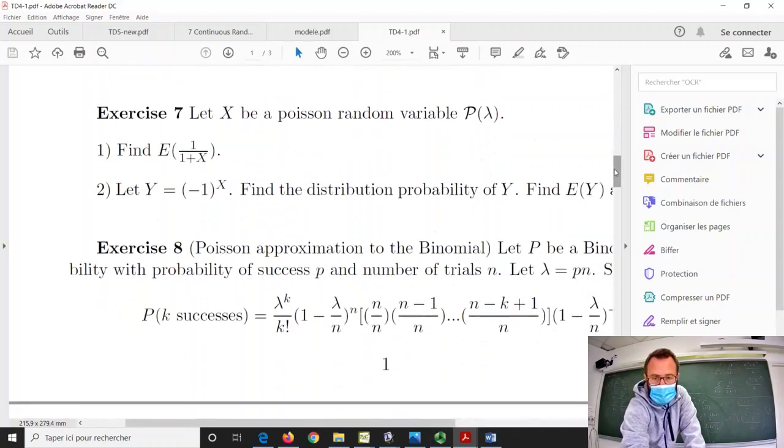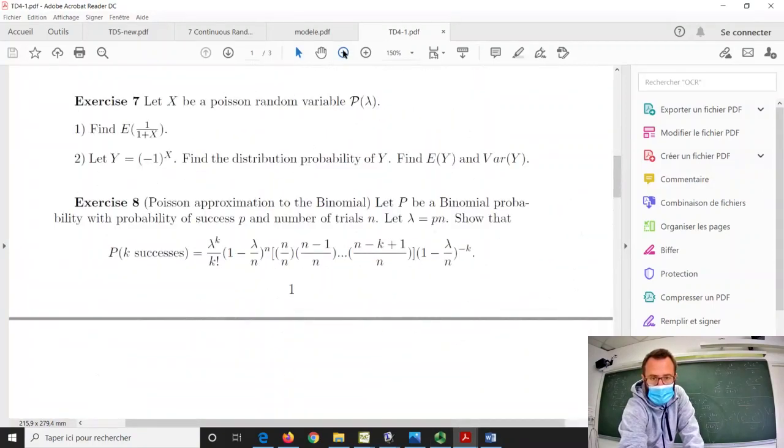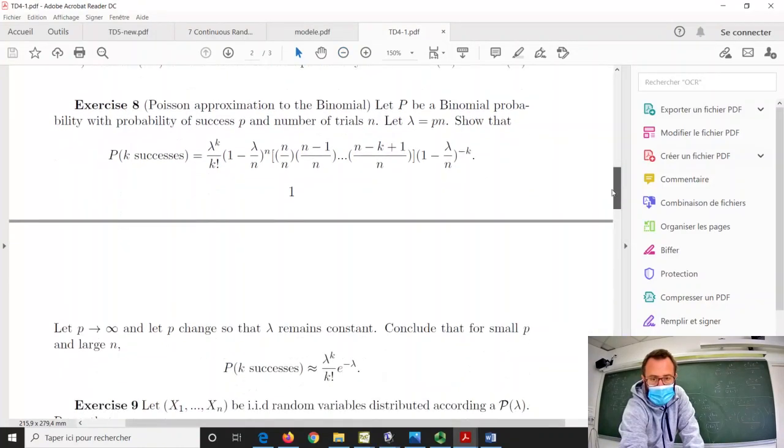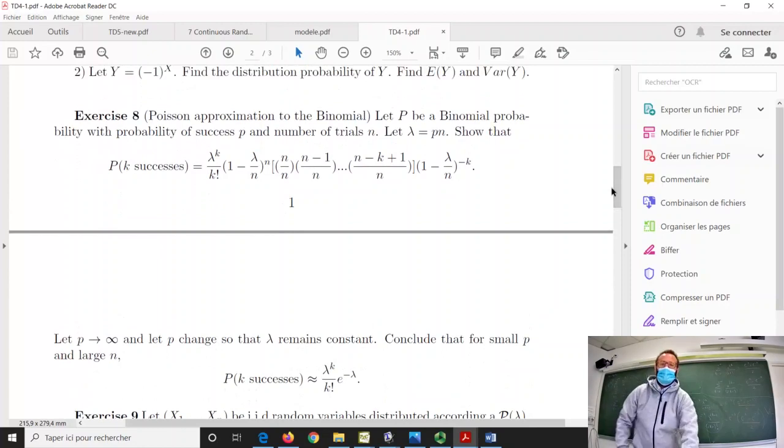That is exercise 8 here. So what is the statement? I consider a binomial, probability of success small p, number of trials small n, as I have explained to you intuitively, and I define lambda as p times n. Why not? Okay?